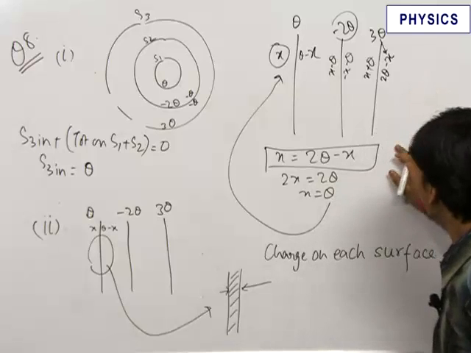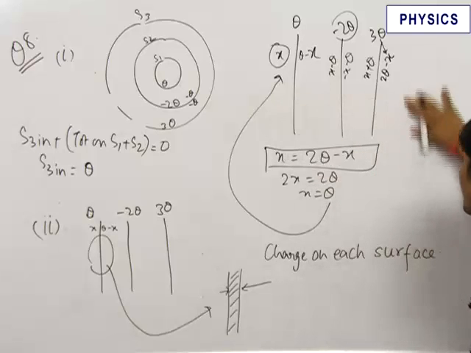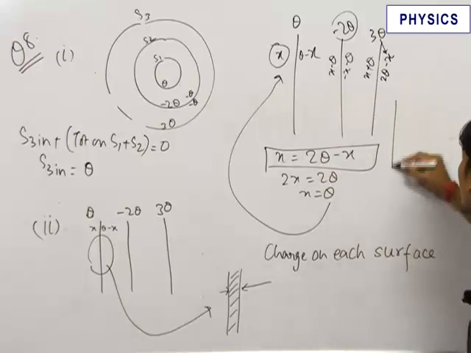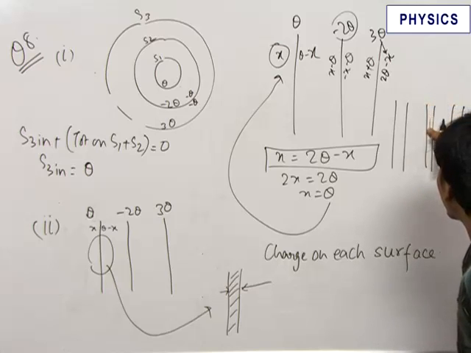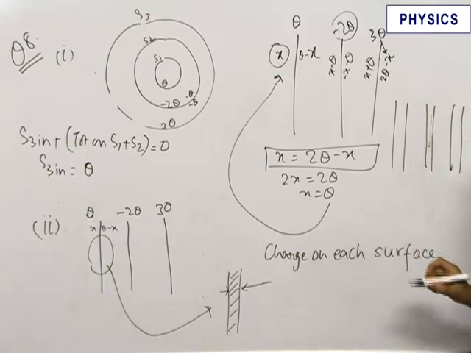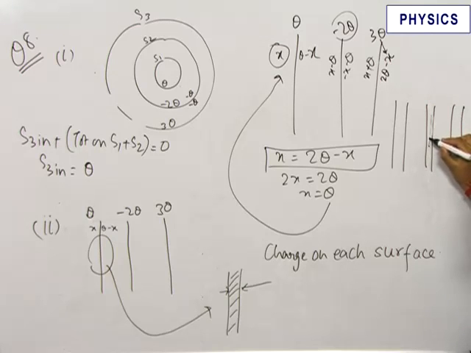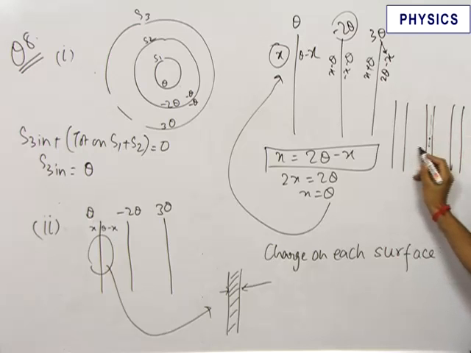I'll tell you why the charges on the last two surfaces will be equal. This is because, let us consider the three plates over here. Let us consider the material over here. The electric field inside this conductor has to be 0. The electric field in the body of this middle plate has to be 0. The electric field at this point due to these two plates cancels because they have opposite charges.